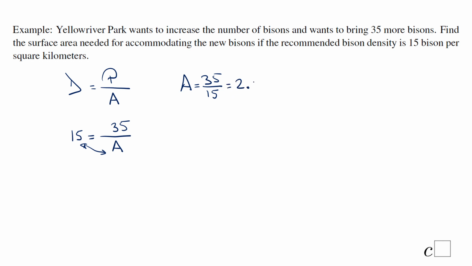I'm gonna round this to the nearest hundredth, and I'll stay with 2.33 square kilometers. So Yellow River Park needs to be sure they have this extra area, extra surface, to accommodate those 35 more bison.